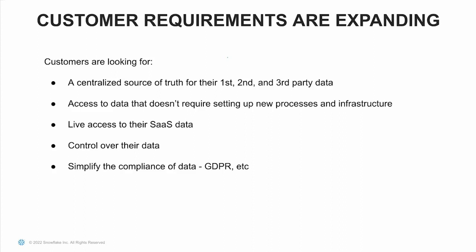It requires a lot of processes and infrastructure, which companies don't want to stand up. What they'd prefer is to have just live access to their SaaS data and the data that's provided from their data providers in one location where they now have control over where that data sits, which also allows them to simplify all of the different compliance and regulatory things that they need to adhere to today in the expanding data world.